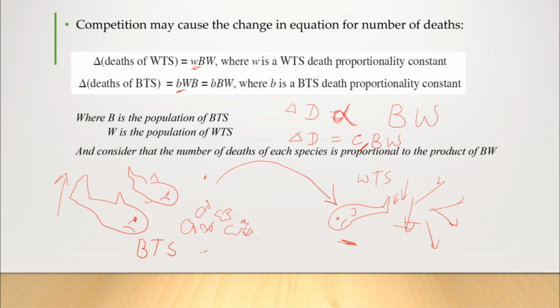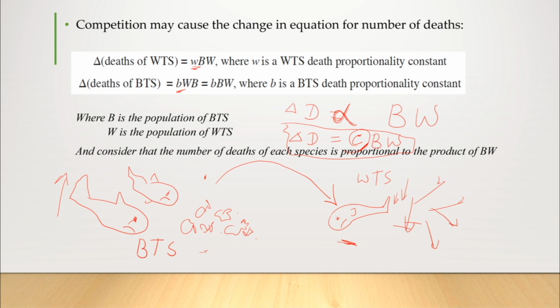What I wrote right here is just a common equation for both. It doesn't matter if you multiply B by W or W by B, it's the same thing. But the constant value right there is different for the two, so different species.